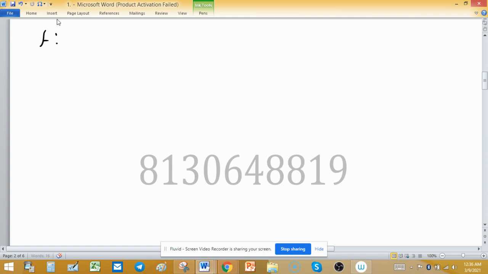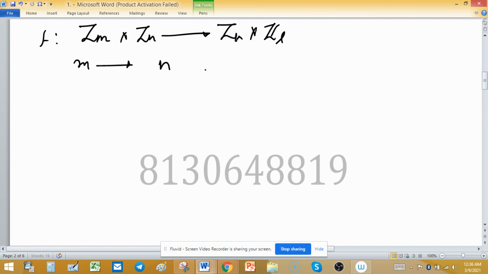If f is a function defined from Z_m times Z_n to Z_k times Z_l, then we pair m with k and l, and similarly n with k and l.